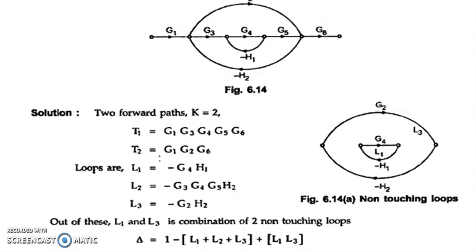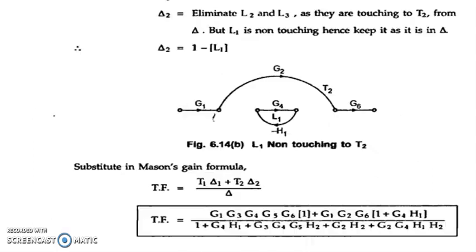Now we find out which of these are non-touching. L1 and L2 are touching, so we don't take that. So we take L1 and L3. So the overall formula for delta is equal to 1 minus (L1 plus L2 plus L3) plus L1 L3. Now for delta 1, eliminate L1, L2, L3 as all these are touching, and so delta 1 is equal to 1.